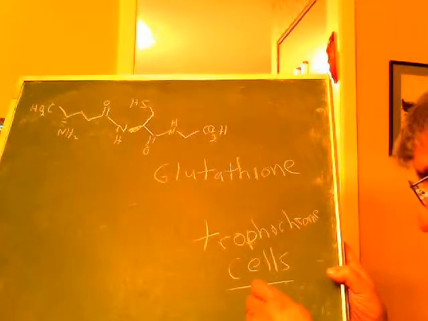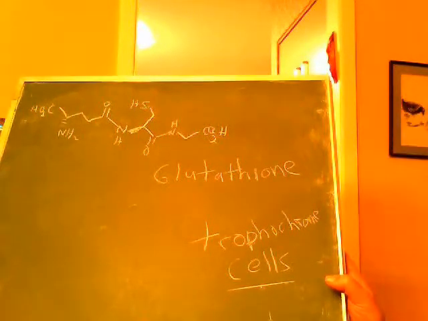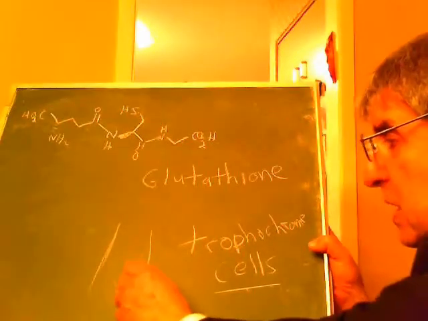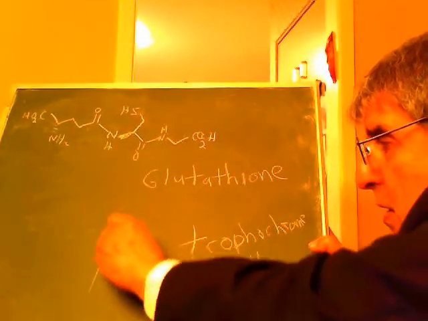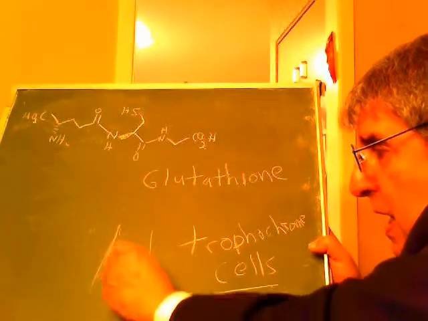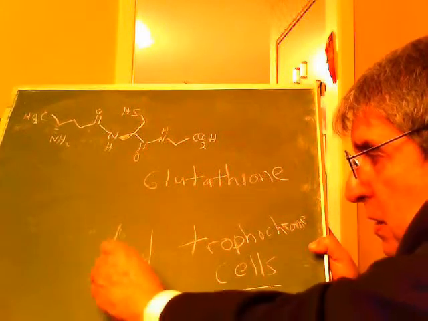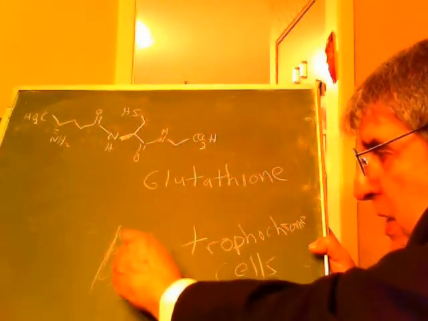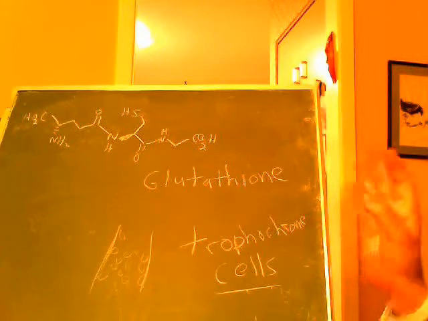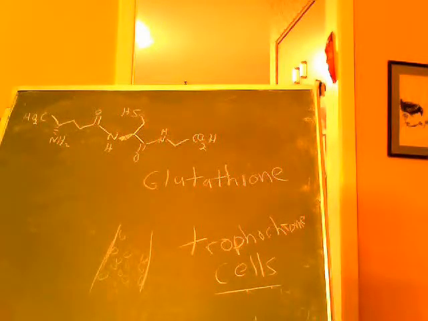So we have the trophochrome cells on the outside, and then more internal to that, we have another set of cells that actually contain the bacteria, the bacteriocytes.